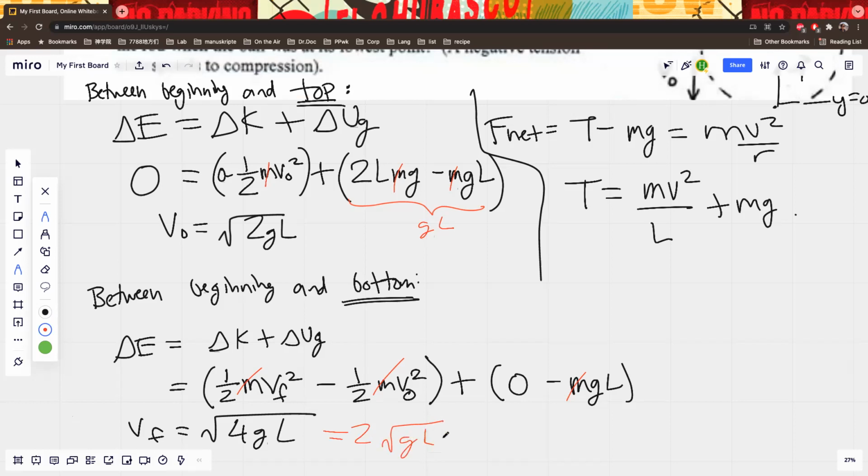Okay, so now that we have the speed at the bottom, we can calculate the tension at the bottom. That's going to be based on the speed at the bottom.